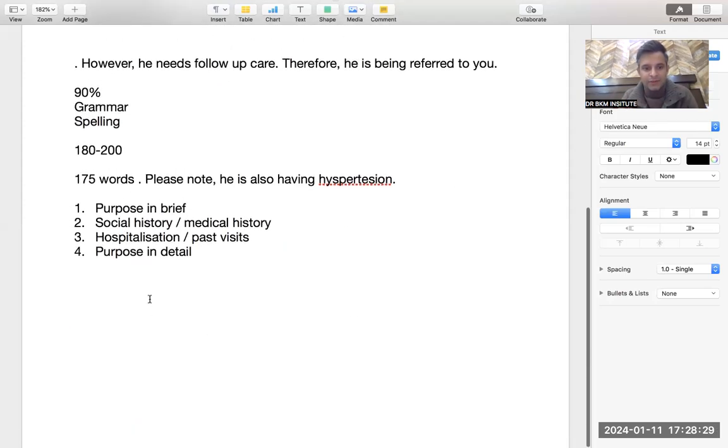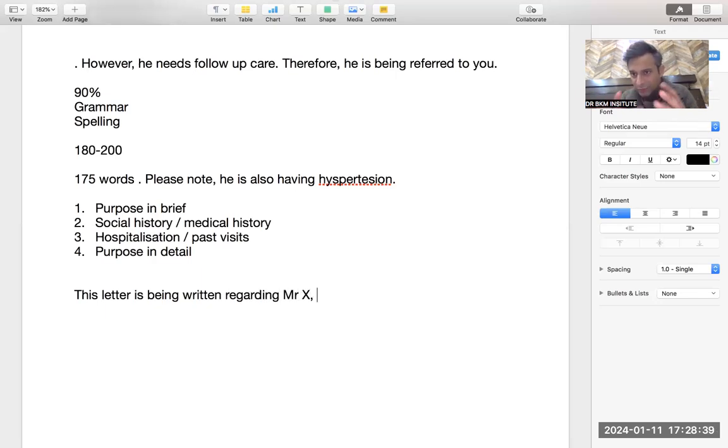I will write this for you. So if you're writing to the orthopedician, then the main line becomes this: This letter is being written regarding Mr. X. It will not take time. Just understand what OET writing is. How to find the purpose depends upon to whom you are writing the letter. So, who had an accident and he is suspected with fracture.